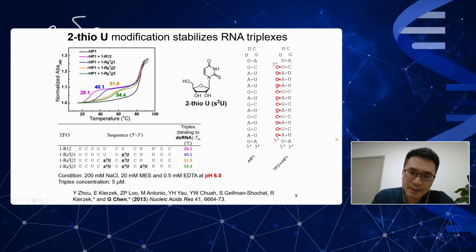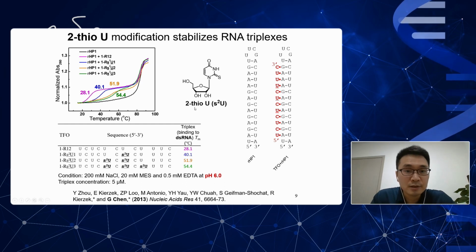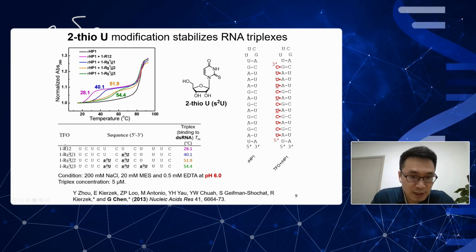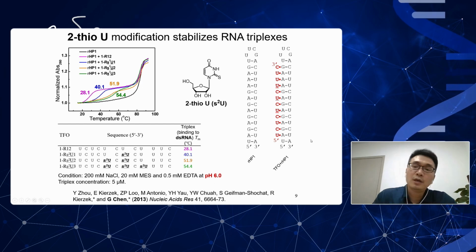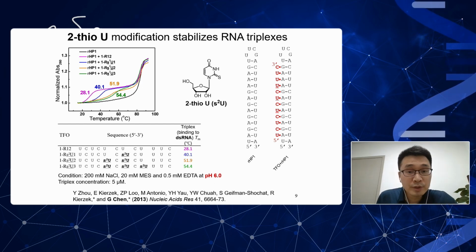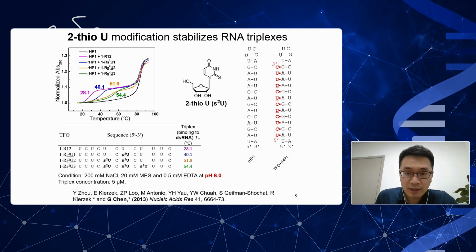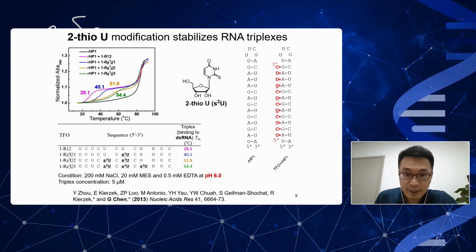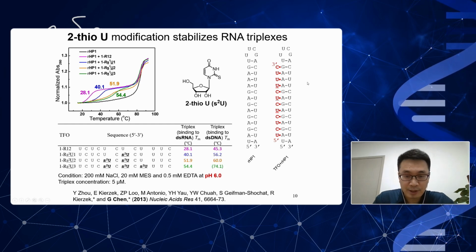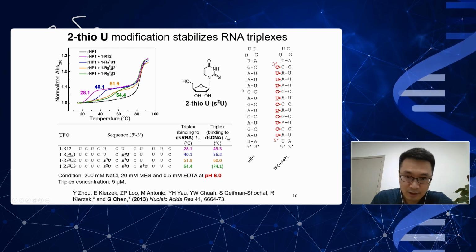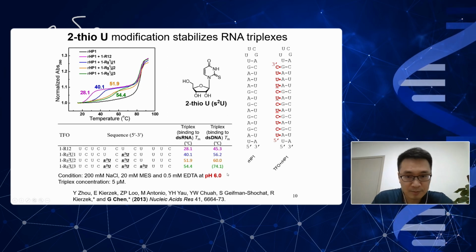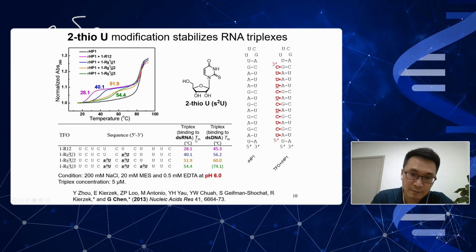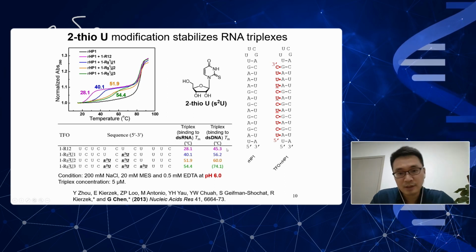Another problem is that when we tested the same TFO sequences, these 4 sequences, for binding with the same DNA sequence, we can see that the TM is much, much higher. You can see in the table again, you can see 2 columns. One is for the TM with the double-stranded RNA.